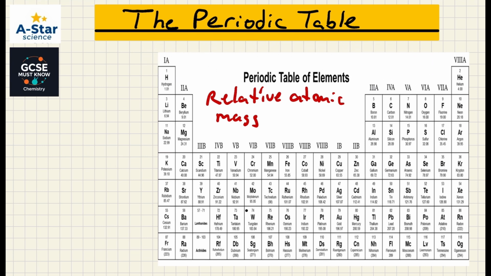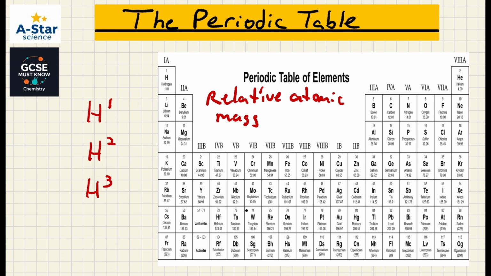So for example, if we look at hydrogen, hydrogen can exist as something that has an atomic mass of 1, an atomic mass of 2, and an atomic mass of 3. In fact, I should write this like that. 1, 2, and 3. So these are 3 different forms of hydrogen.